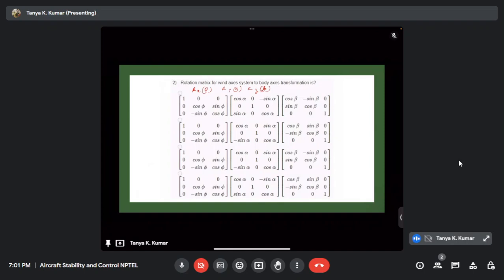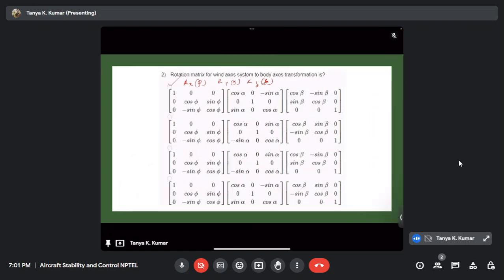The primary rotation matrix about the y-axis is cos 0 minus sine, 0 1 0, sine 0 cos. The primary rotation about the z-axis is cos minus sine 0, sine cos 0, 0 0 1, which is the first option. You must remember the primary rotation matrices about each axis, okay? They will be greatly helpful. In one of the questions in the previous session, where we had to multiply three matrices, there also you'll only get the right answer if you know the three matrices. Okay, now let's look at the next question.